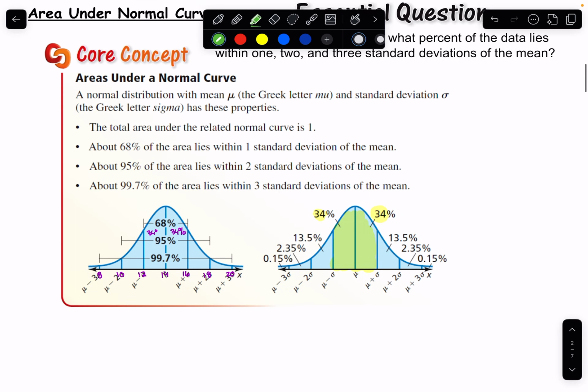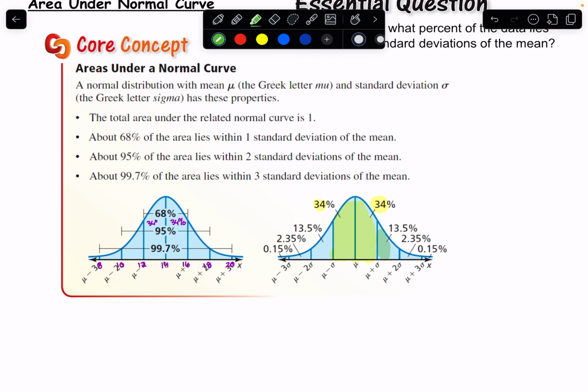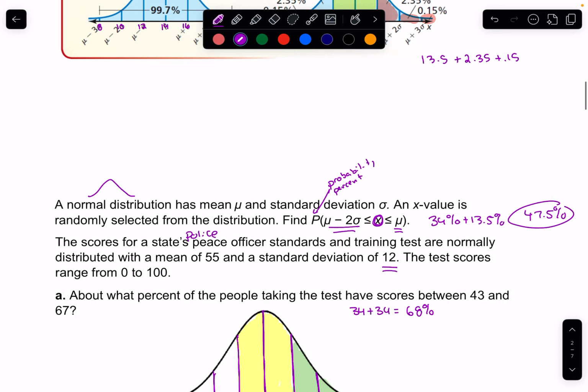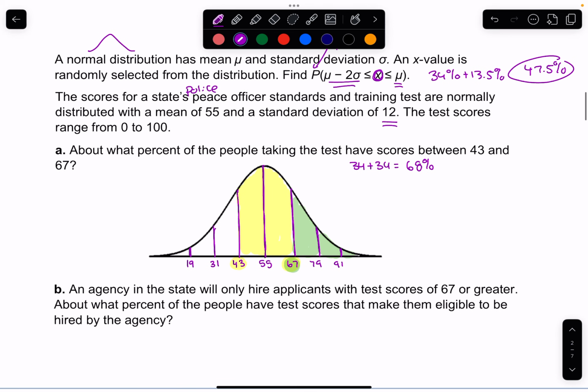So if I go up to my chart, that is this section. Oh, let's use a different color. It's kind of hard to see. That's this section, and this section added together. So I've got to add 13.5 plus 2.35 plus 0.15, and that's going to give me, let's see, 16%, I think. So 16% of police officers get higher than a 67 on the test, okay?